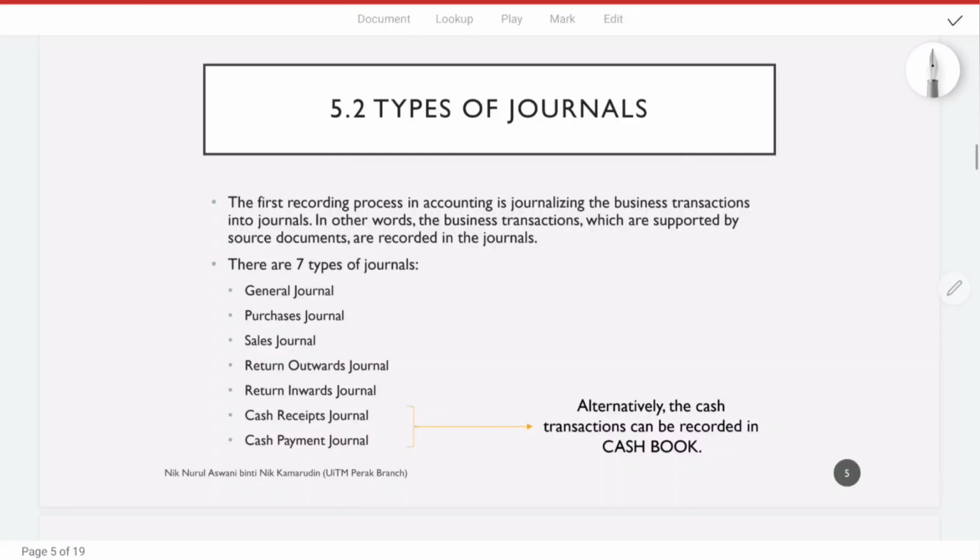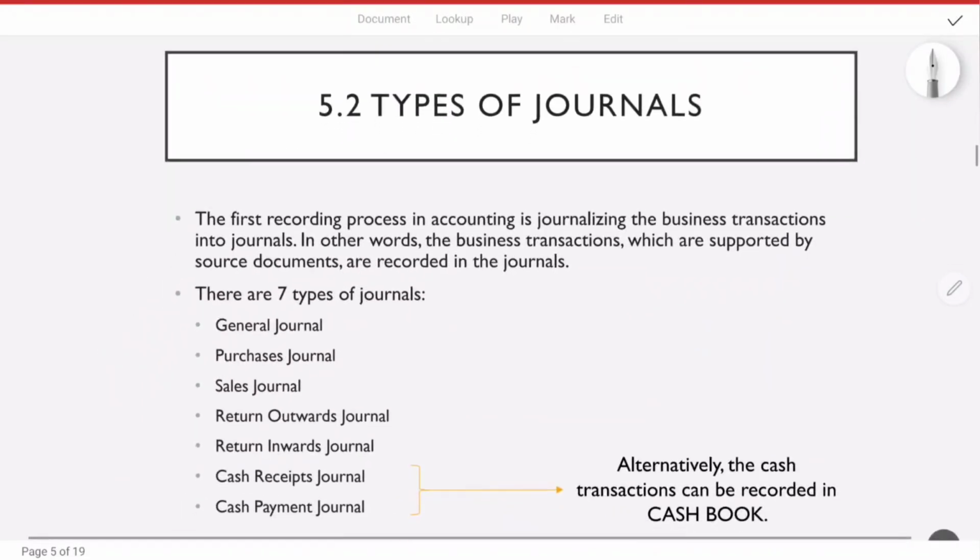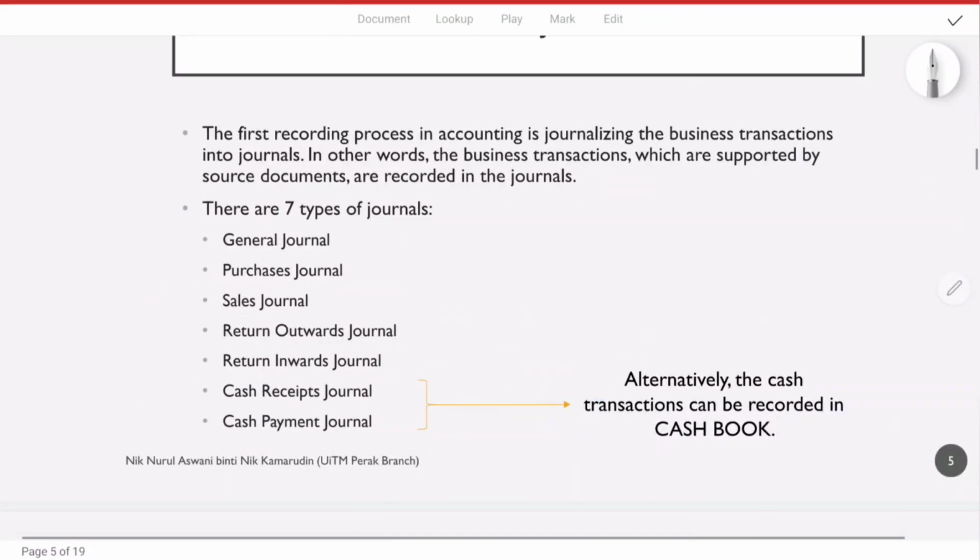The journal is considered the first entry for the source document. So the first recording process in accounting is journalizing the business transaction into the journal. In other words, the business transactions which are supported by source documents are recorded in this journal.